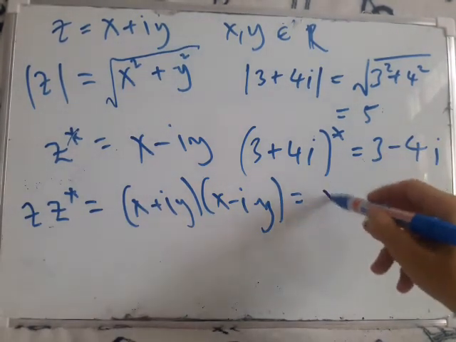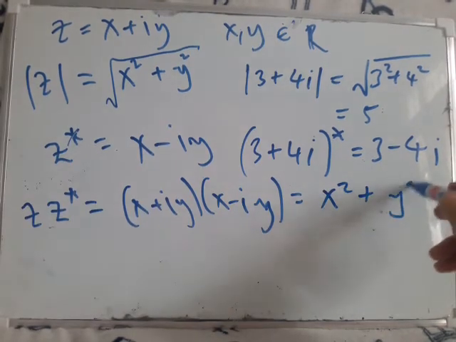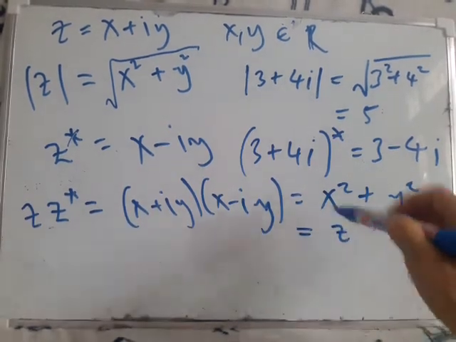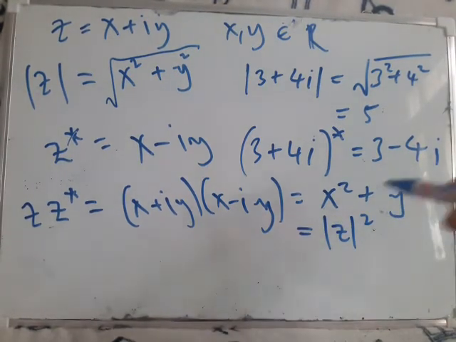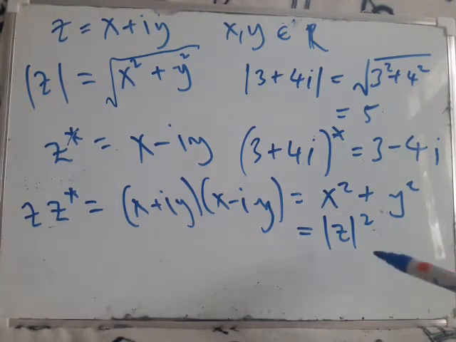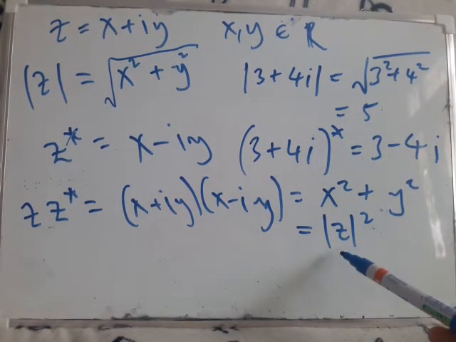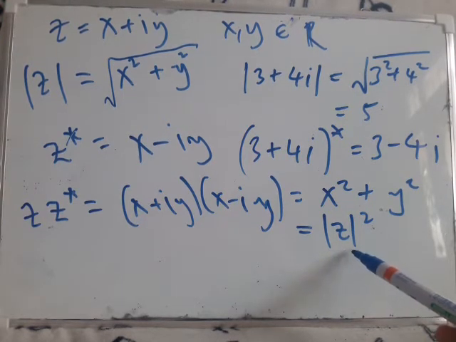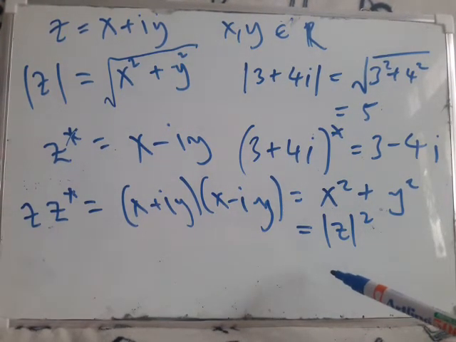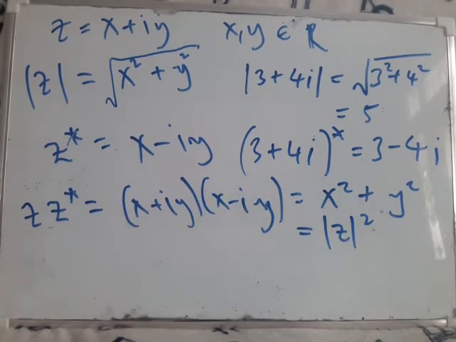So in the end we end up with x squared plus y squared, which we observe is just the modulus of z squared. So a convenient way often to find the modulus of a complex number, or the modulus squared, is simply to multiply that complex number by its complex conjugate.